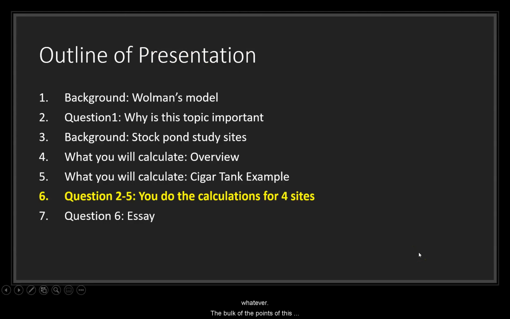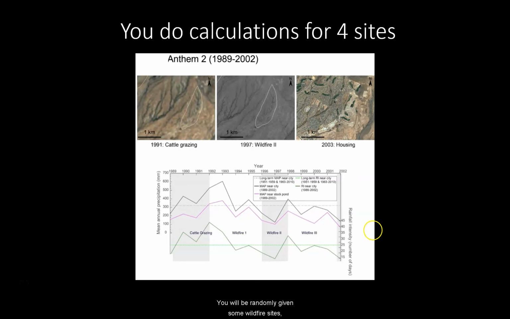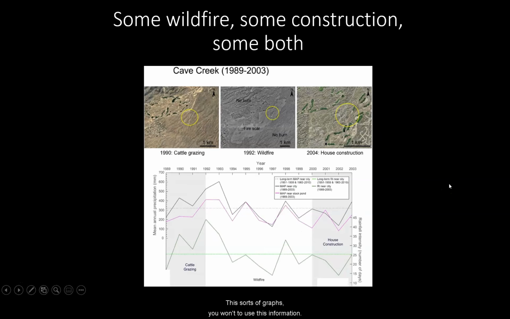The bulk of the points of this lab is that you do these same calculations for the 4 sites that are given to you by Canvas. You'll be randomly given some wildfire sites, some construction sites, maybe some off-road vehicle sites, and you'll do these sorts of calculations. These sorts of graphs, you won't use for this information.